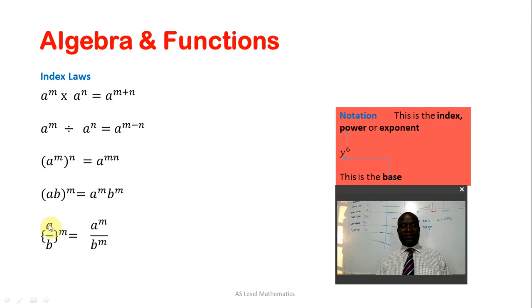So each of the numerator acquires the power which is outside the bracket. In the same way, the denominator acquires the power m. But if it were a squared, then the numerator would be 2 times m, which will be 2m. So it will be a power 2m, and this one would be b power 2m.